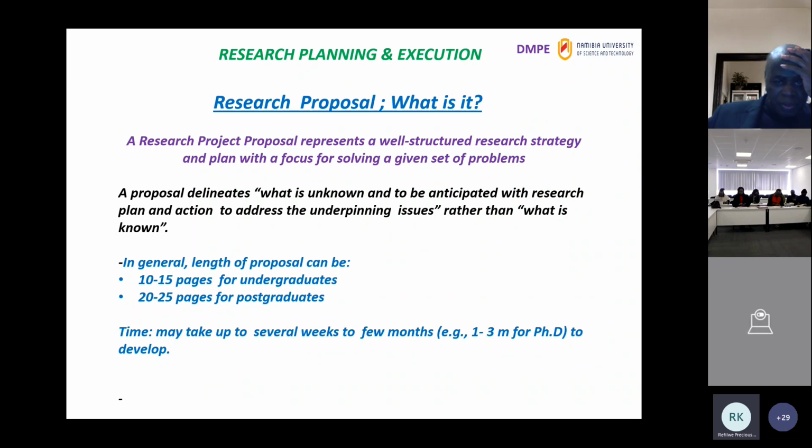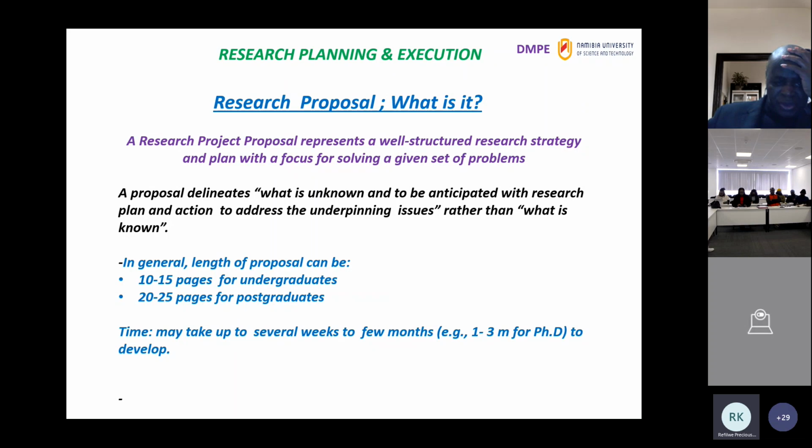So the research proposal now is a document that presents a well-structured research strategy and a plan with a focus on solving a given set of problems as defined under research objectives. In general, the proposal can be 10 to 15 pages for undergraduates or close figure, depending on the advice and the nature of the problem at hand, but the advice comes from the supervisors.